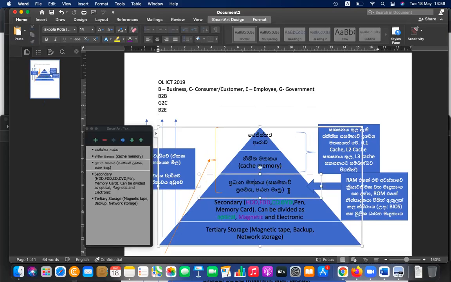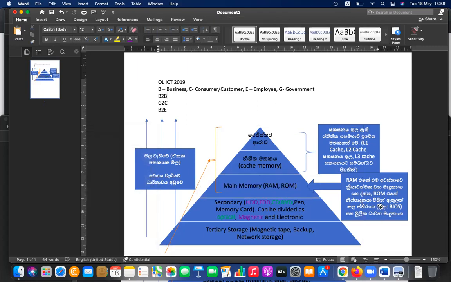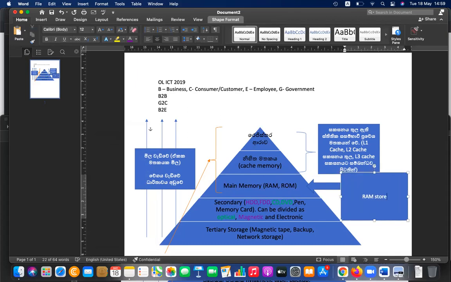And on top of that you have main memory, that is random access memory and read-only memory. RAM stores currently running applications and data.